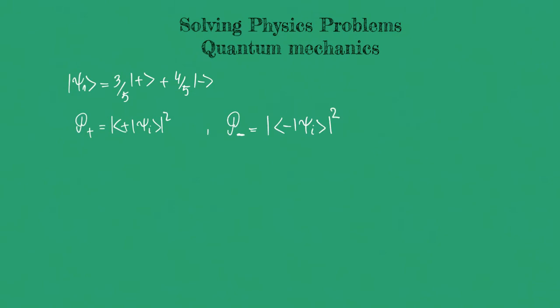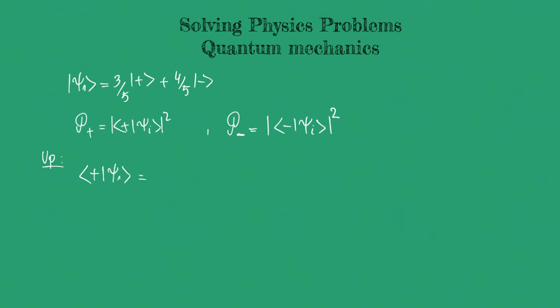Let's apply these two definitions to our case for the quantum state ket psi1. So first, let's find the probability of finding spin up if a measurement is made on the quantum state ket psi1. First, I'll calculate this inner product, bra plus ket psi1.